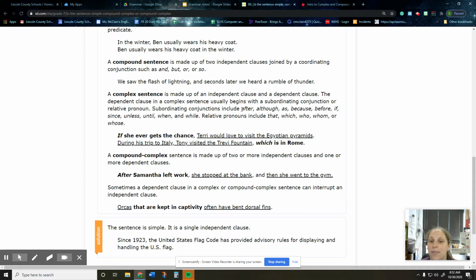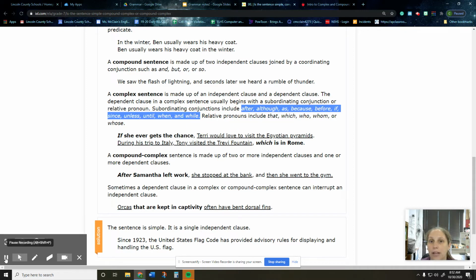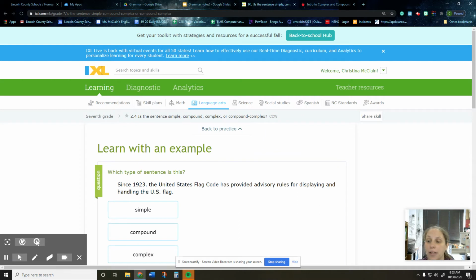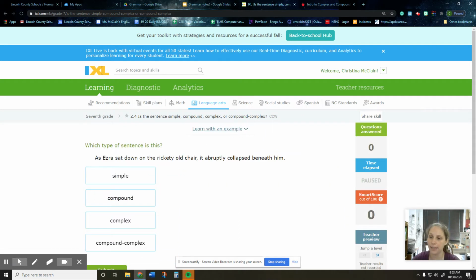So I would even write these down so that you have them. It'll make your life a little bit easier. I made my little list of my subordinating conjunctions and my relative pronouns. There's no shame in doing that. And hopefully you won't mess up as many times as I did when I was learning this.